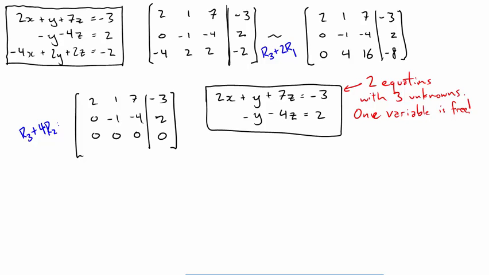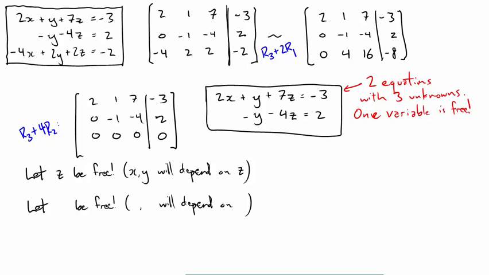Well, it actually doesn't matter. You can let whatever one you want be free, and then the other two will be determined by the free variable. So for instance, I could say, let z be free. And then x and y will depend on z.